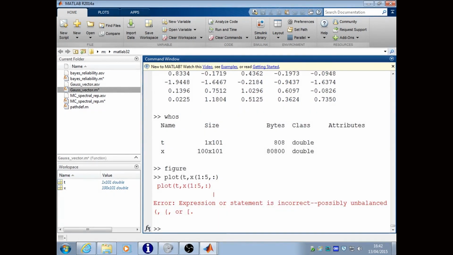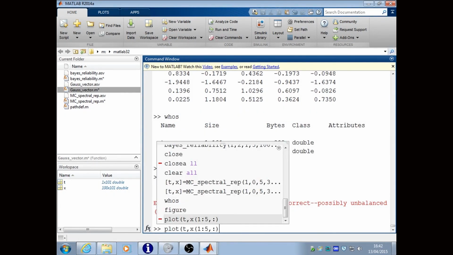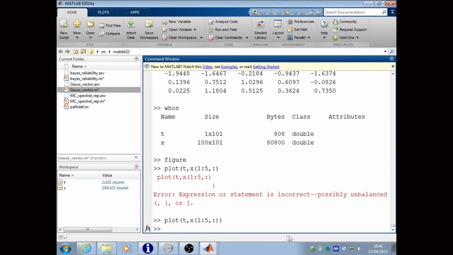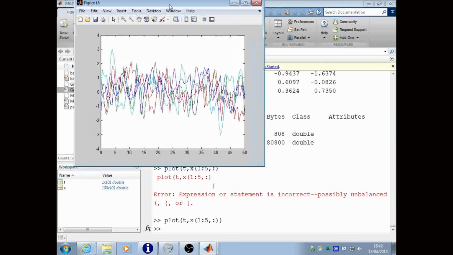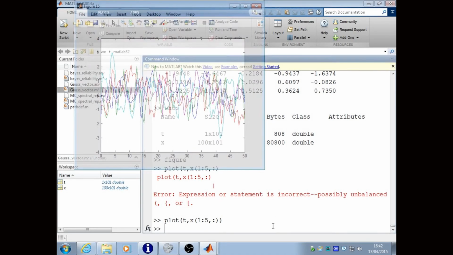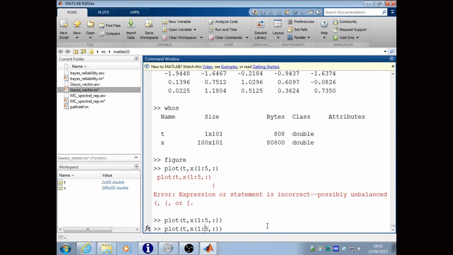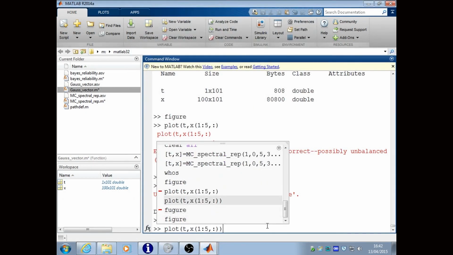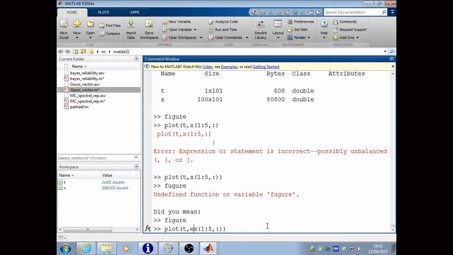Okay, so what am I doing here? Oh, I'm missing a. Okay, so these are just 5 samples. And now I'm going to translate this sample into something else. Oh, I have to do another figure first. So these would be lognormal samples.